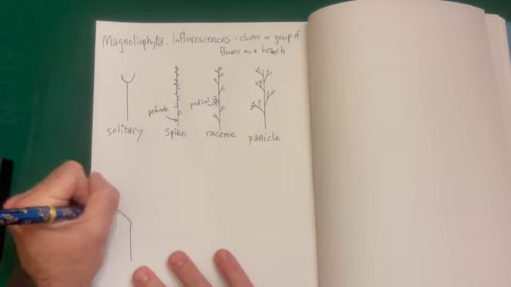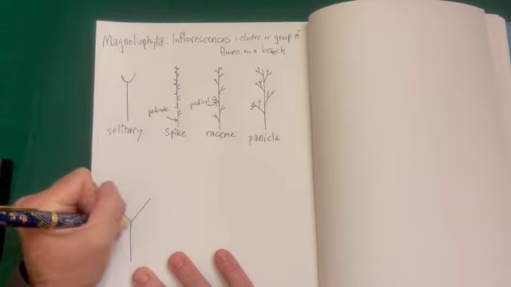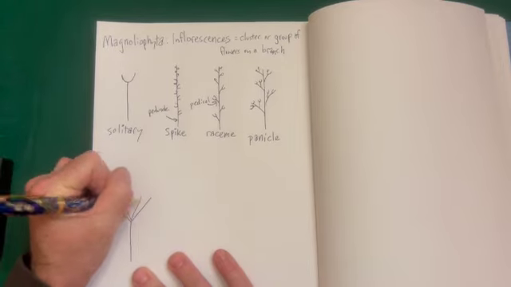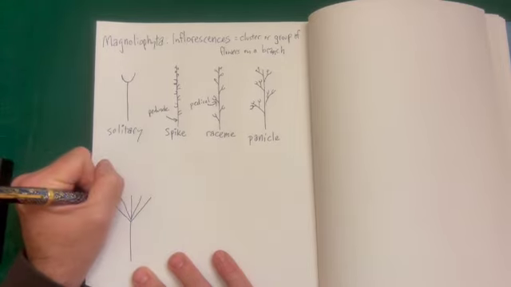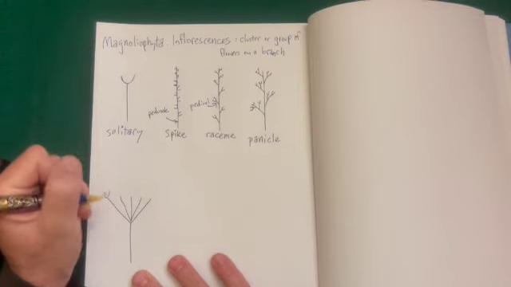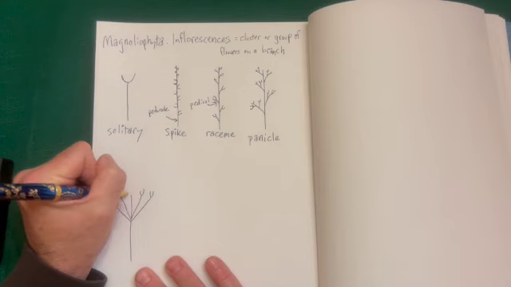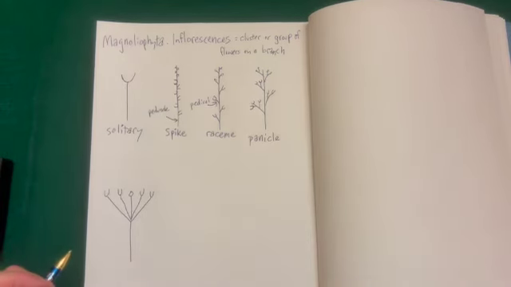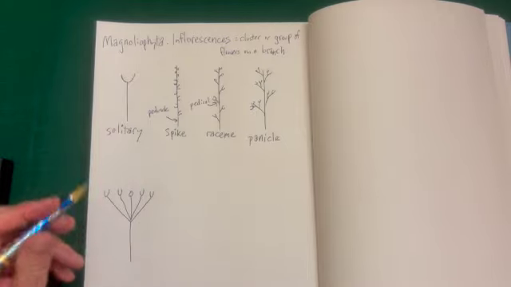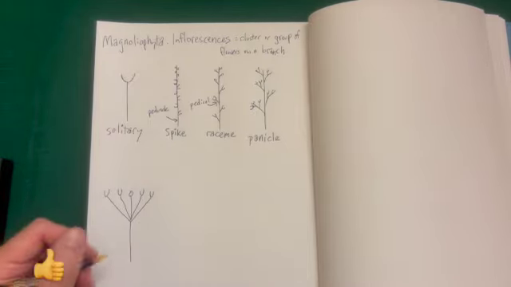Now, picture, if you will, that we've got a flowering stem, and we've got a whole bunch of flowers, but they all kind of radiate out from a single axis. And I'll show you some picture examples of all of these, hopefully.